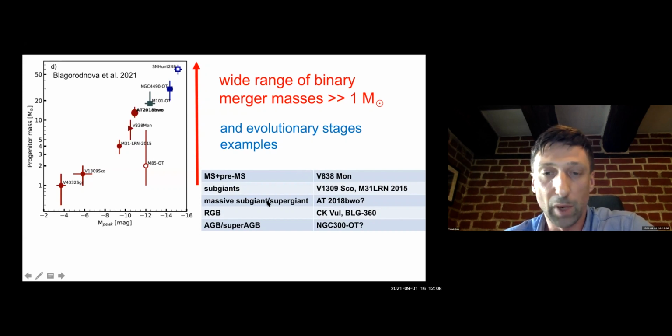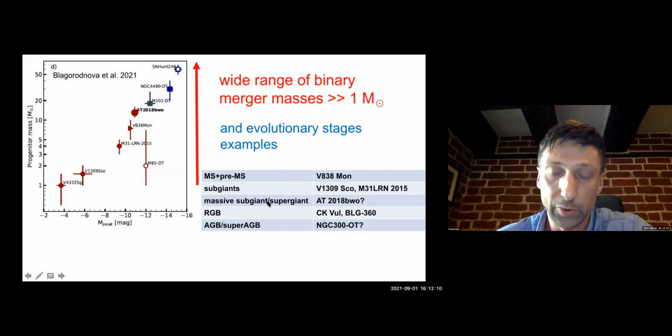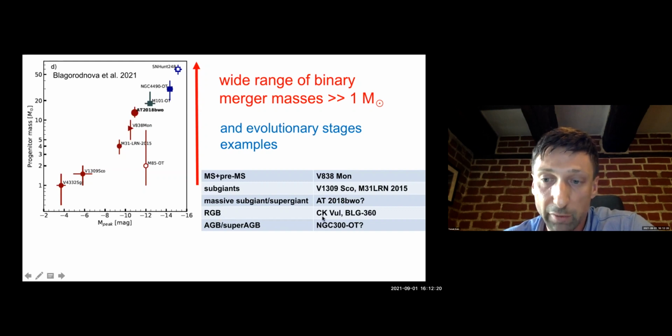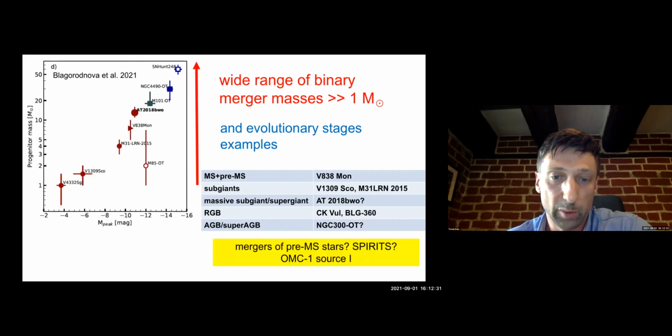That's one of the talks that we're going to hear here today, about AT 2018bwo. Probably we also see remnants of mergers in red giant branch stars, maybe CK Vulpeculae or BLG-360. And there were some claims that NGC 300 OT was related to an AGB or a super AGB star.